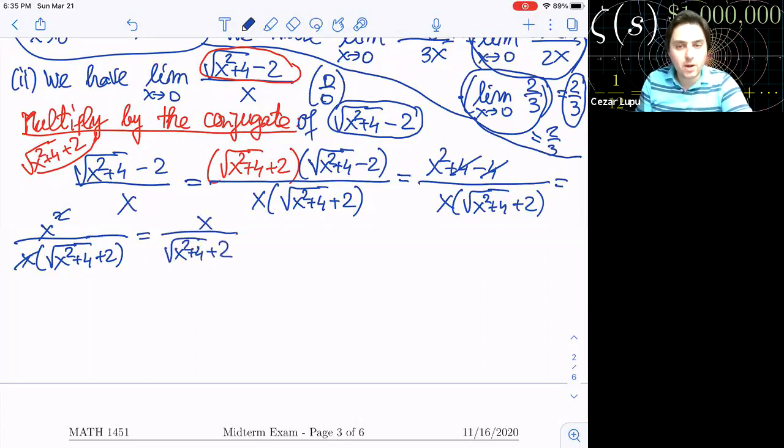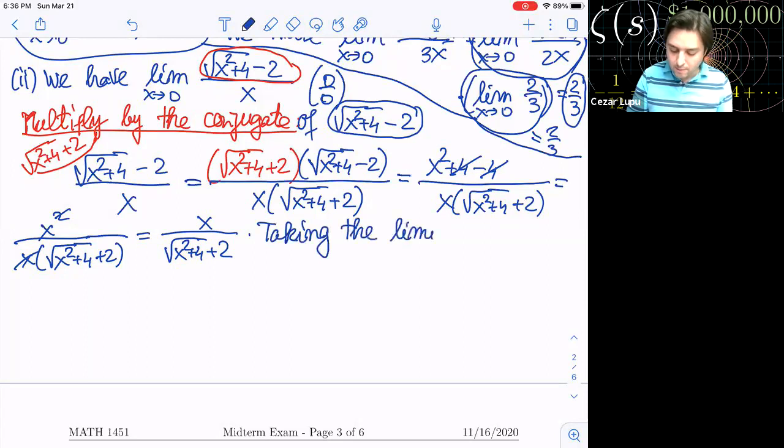All right, great. So we've done only algebra so far. We haven't done anything else. And now maybe we should just take the limit as x approaches 0. So let's see.